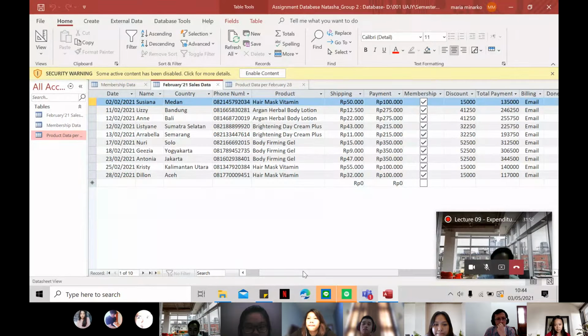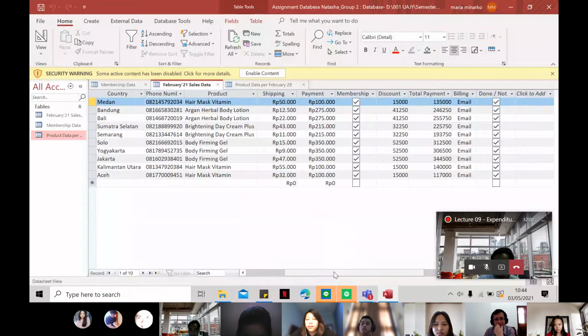And then the shipping, the payment, membership, discount, and total payment, also the billing, and whether it was done or not.